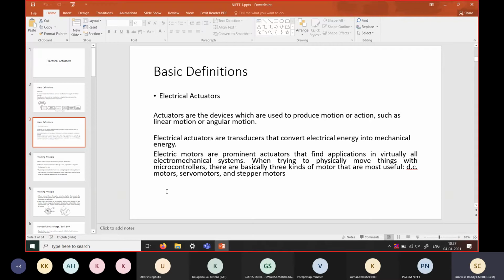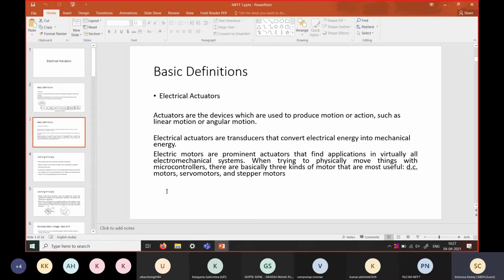Electrical actuators convert electrical energy into mechanical energy, just opposite to a sensor. This energy can be used to move a link, or to rotate something, for example movement of a conveyor belt, or mixing something. Like that we can make use of these electrical motors.